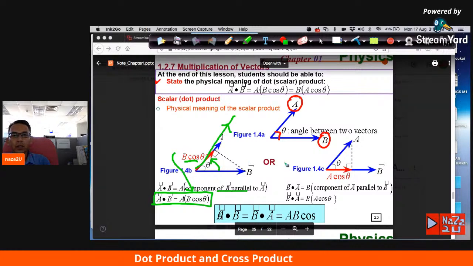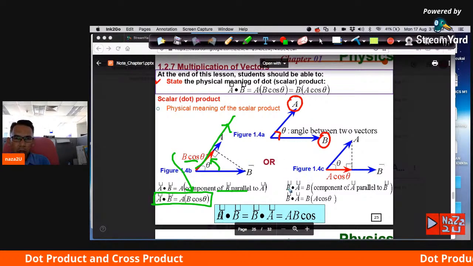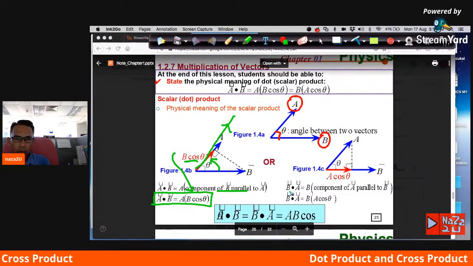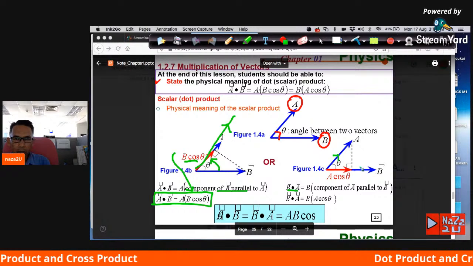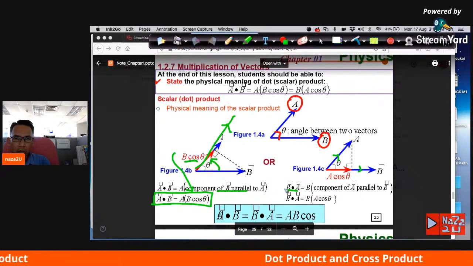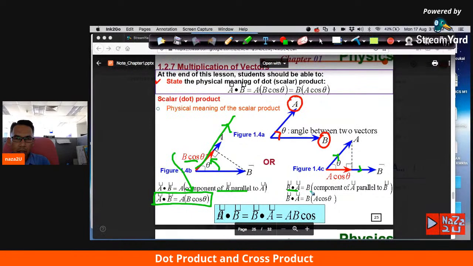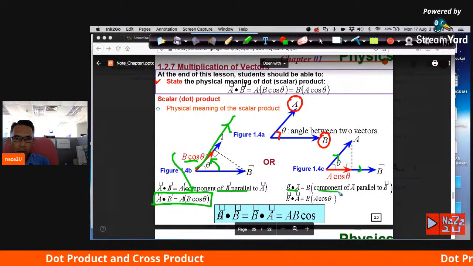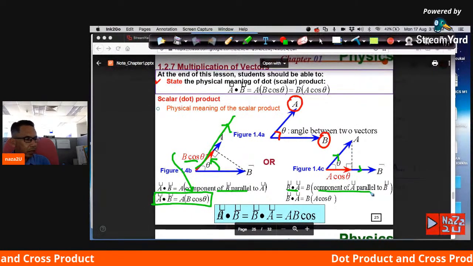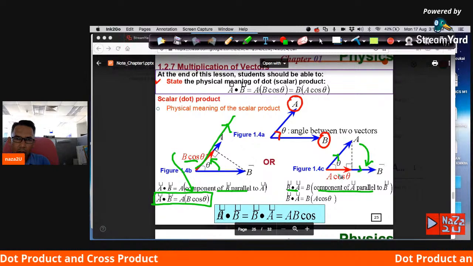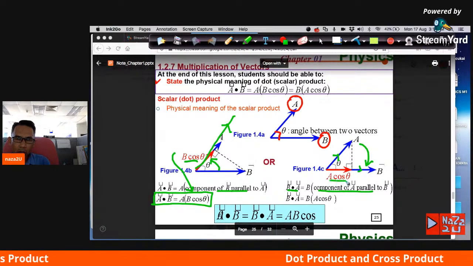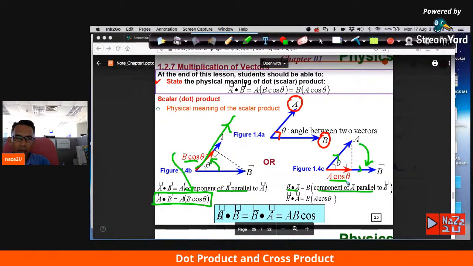Okay. So, or you can use the equation here. Vector B dot vector A is equal to vector B. This is vector A, and this is vector B. So B dot A is equal to B component A parallel to B. Meaning you resolve vector A to the direction of vector B. So this is A cos theta, right?